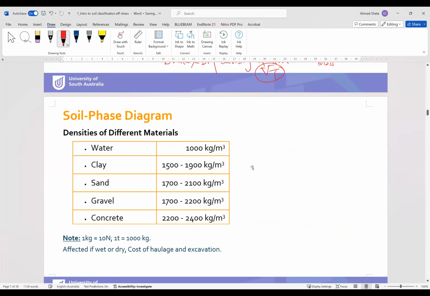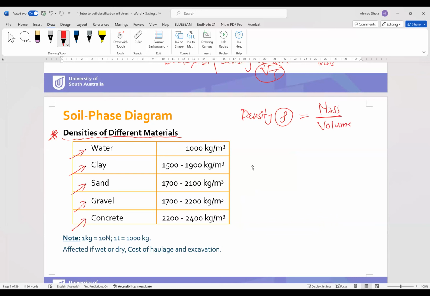Now if we jump to the next slide, these are some densities for different materials like water, clay, sand, gravel, and concrete, to give an idea of how large the densities are. The density, again, has the symbol rho equal to mass over volume.